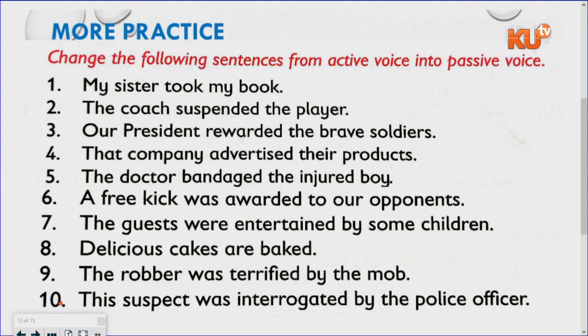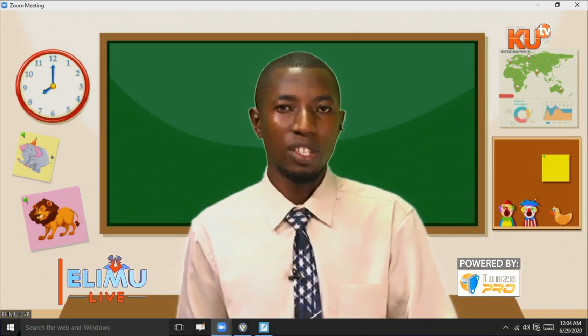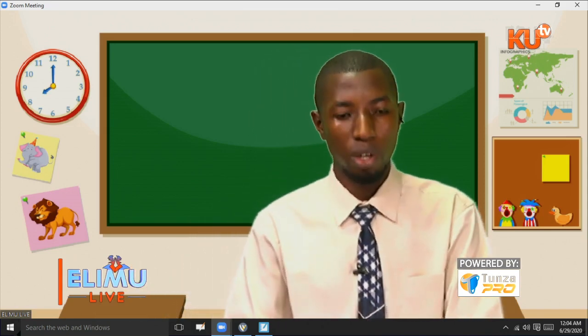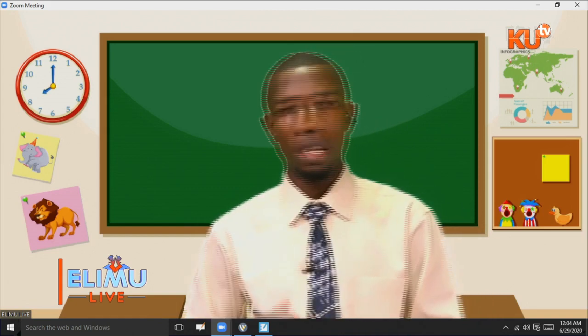The second one is, the coach suspended the player. So you must first identify your subject, your verb, and then your object. The coach is the subject of that sentence because it's the one doing the action.